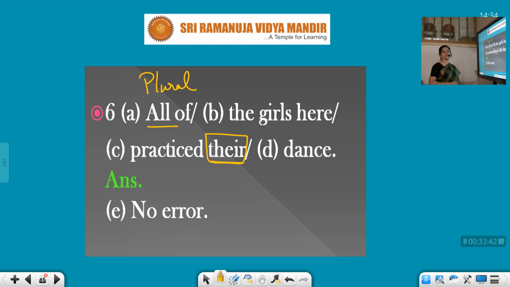Yeah, plural is given, so must be singular? No, please don't do it. Look into the question and exactly understand the meaning of the question and then only write. There is no error here. All is plural, so obviously you have to use a plural pronoun. So all of the girls here practiced their dance. It's plural, it's correct. There is no error in the sentence.